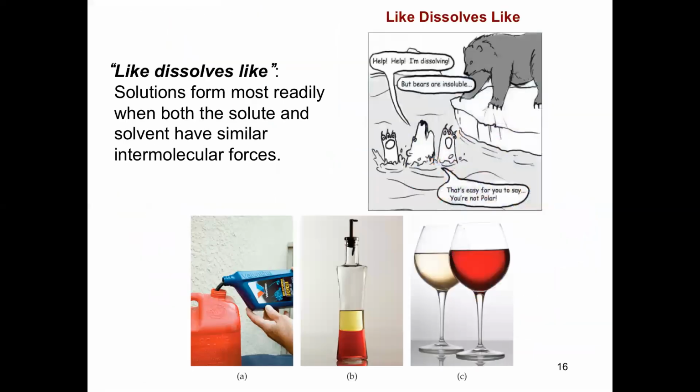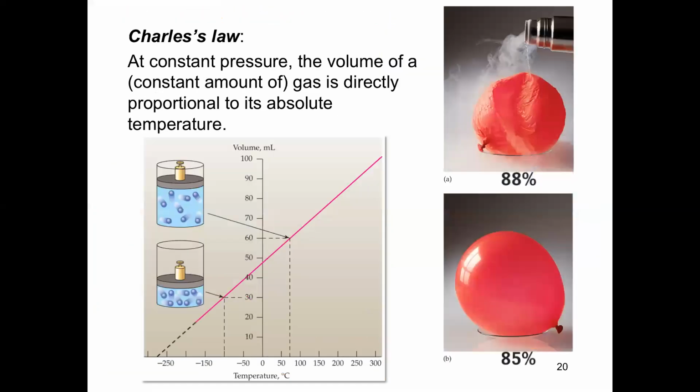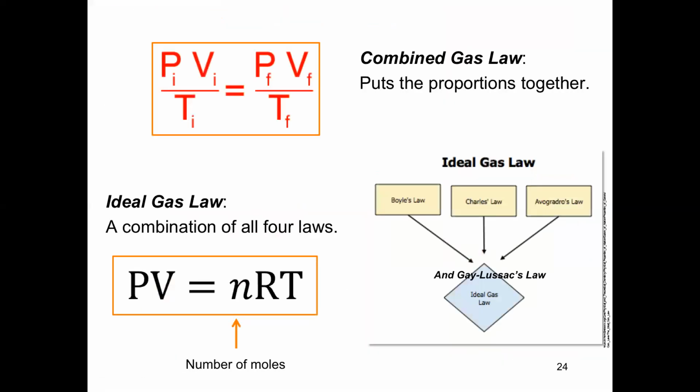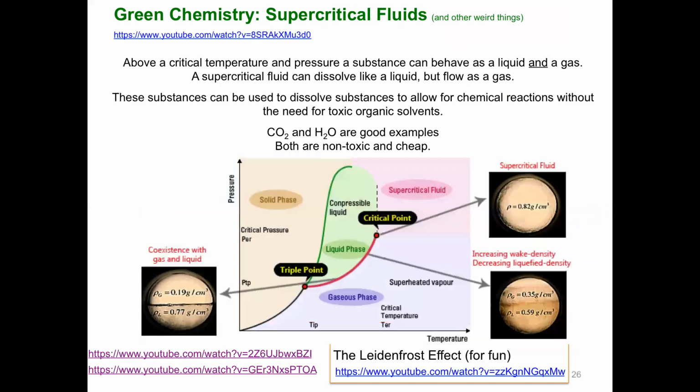So a gas can behave as a liquid, and this is really important. Above a critical temperature and pressure, a substance can behave as a liquid and a gas. A supercritical fluid can dissolve like a liquid, but it will flow like a gas.